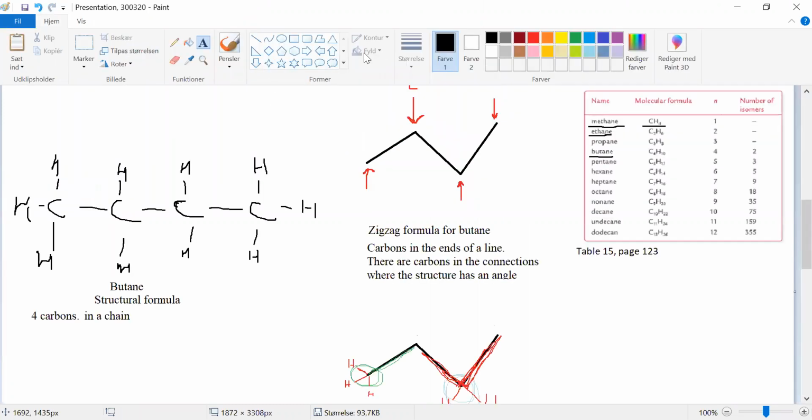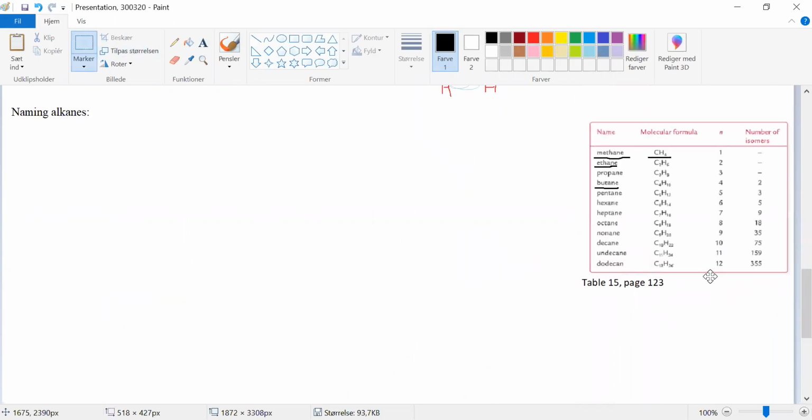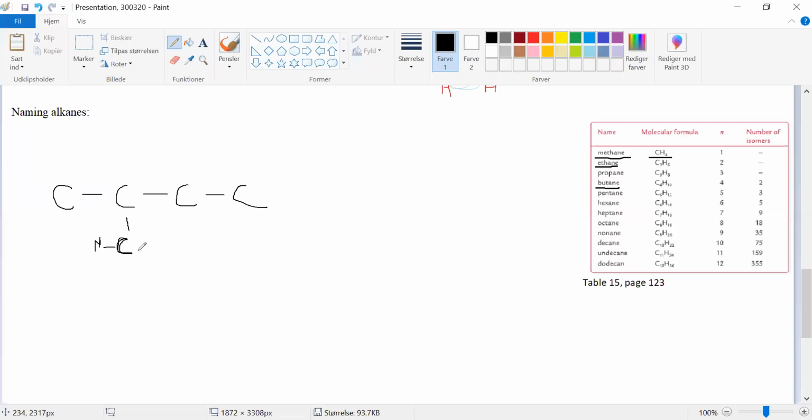I am going to use this one again. There we go. So if I draw a butane again, and I put an extra carbon there, and we have a lot of hydrogens on it.